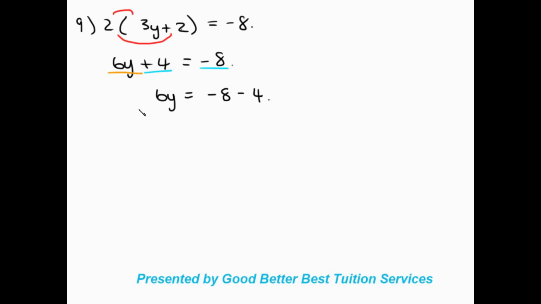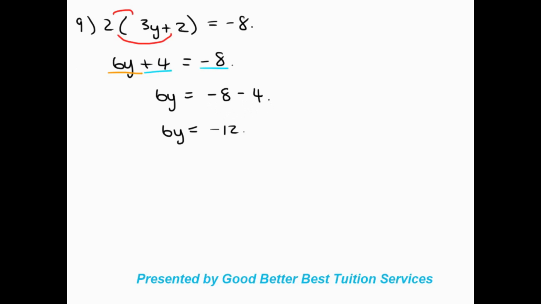So now we have 6y staying the same on this side, and then negative 8 minus 4, so we'll have negative 12, right? Because if we're minusing two negative terms from each other, we add the numbers together and keep the sign.